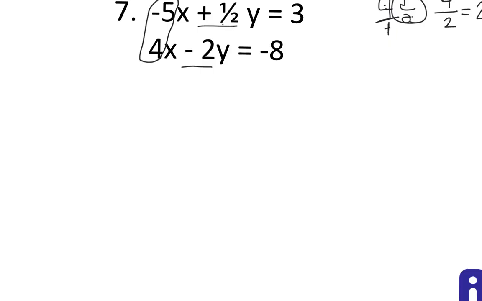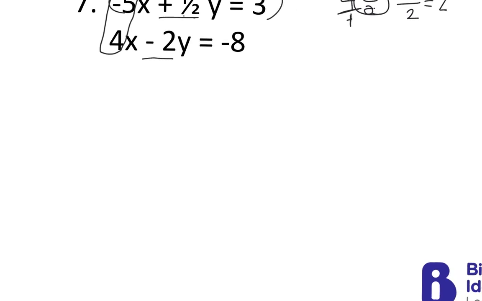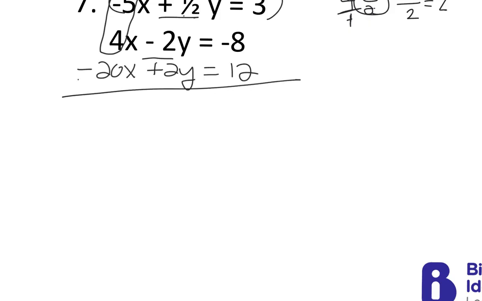So let's multiply this by 4. And we'll look at this doing either way, okay? So let's multiply this by 4. I get negative 20x plus 2y equals 12. So that's my new equation. Now 4 minus 20x, negative 16x.